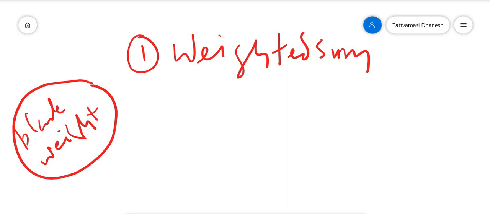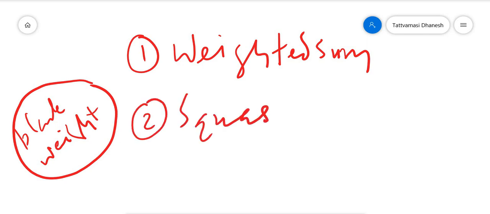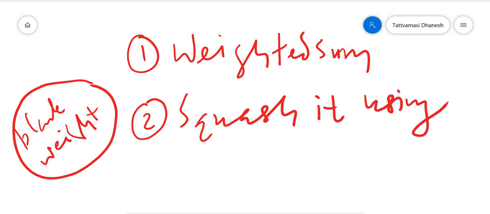So inside a perceptron or artificial neuron, two processes are happening. One is the weighted sum. After calculating the weighted sum, it will squash it using the activation function. I am denoting the activation function as sigma. This is what usually happens inside an artificial neuron, in a single neuron.